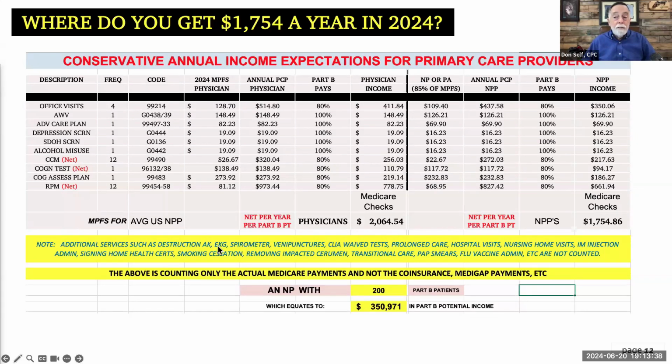And you'll notice this does not even include some of the things you're doing in the practice, like EKGs or spirometry or giving patients injections of Depo in their butt or their arm.